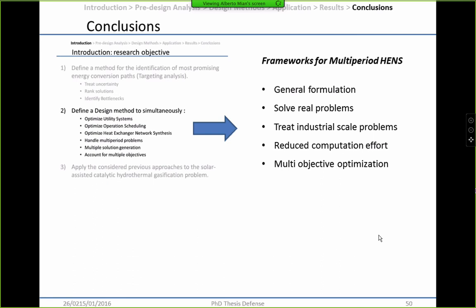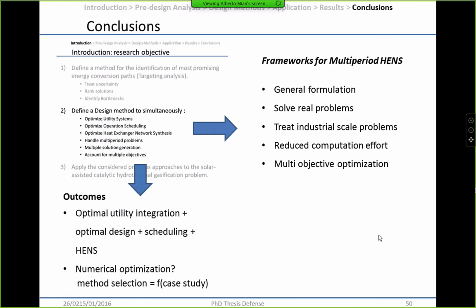It is possible to treat industrial problems, so problems with a high number of streams, with a reduced computational effort, if we consider a single sequential approach, and including also multiple objective optimization. In this case, it was possible to optimally select the utility, design it, and schedule the utilities, including the heat exchanger network.